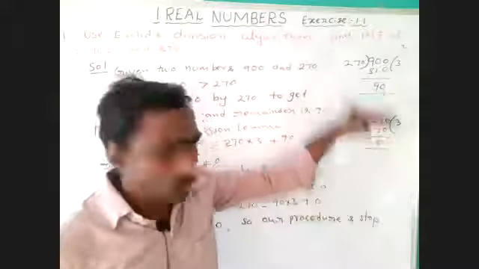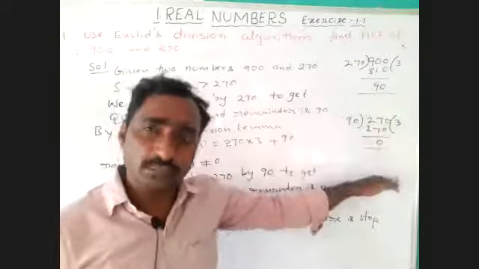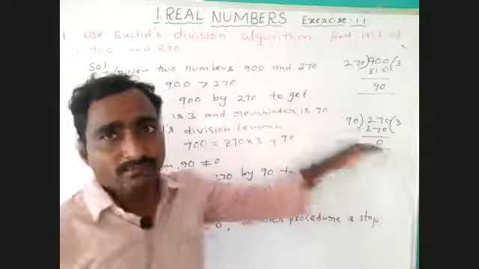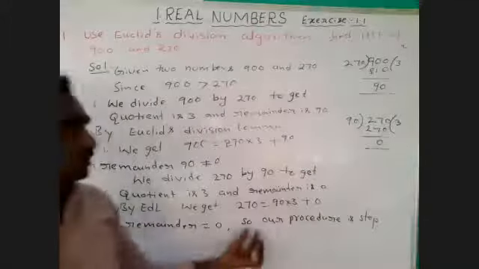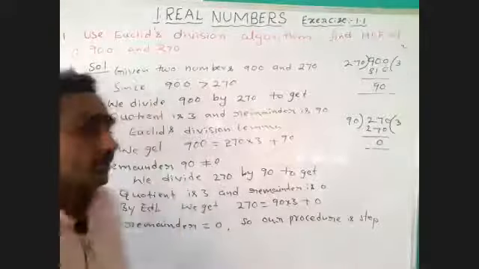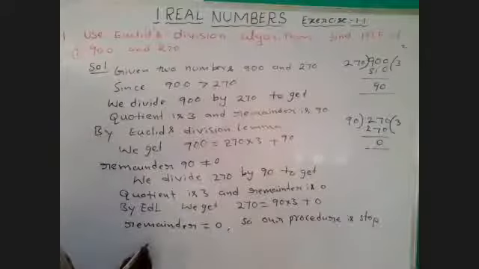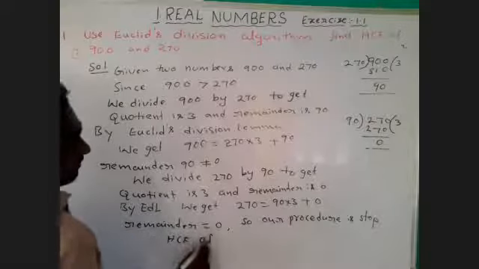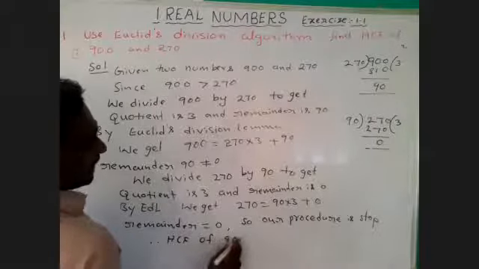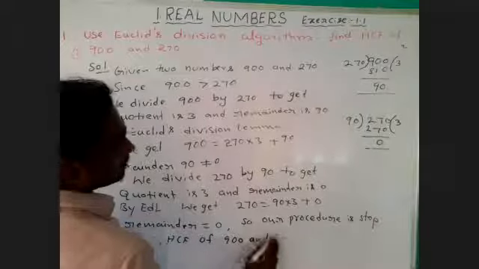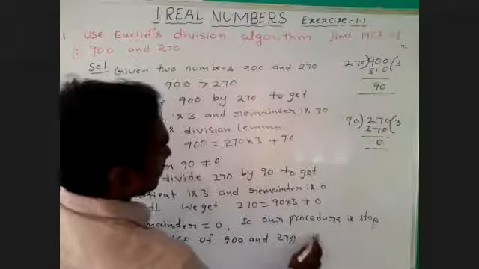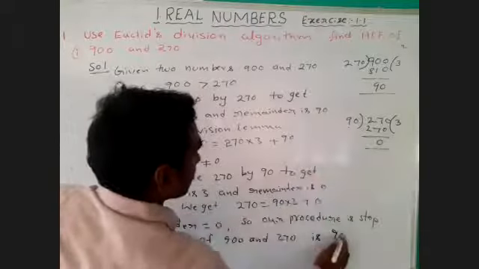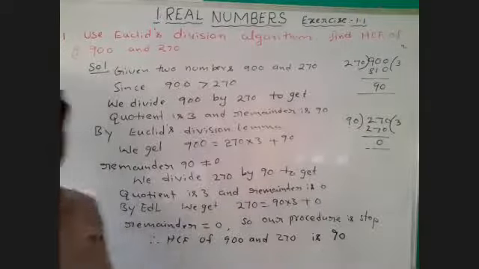Therefore this procedure stops. If the remainder is 0, our procedure stops. Therefore HCF of 900 and 270 is 90. Understood? Observe, once again I will explain this one.